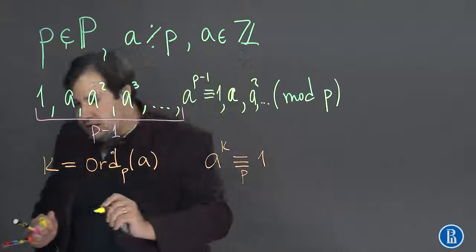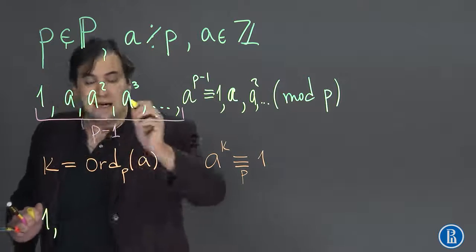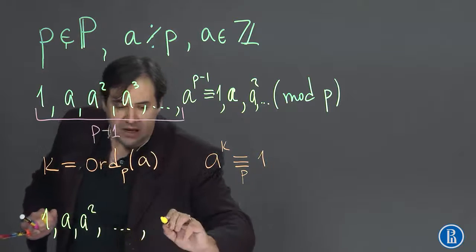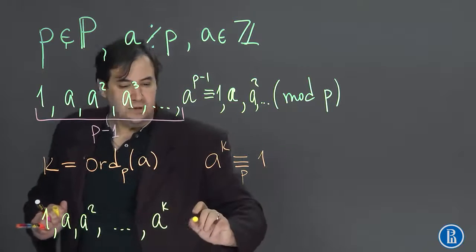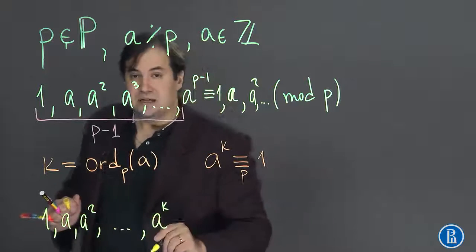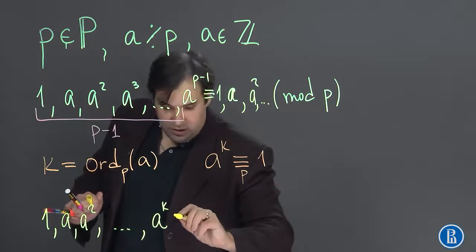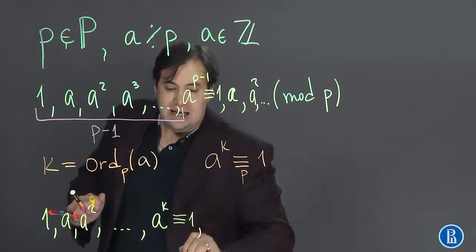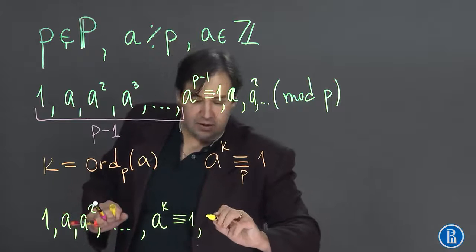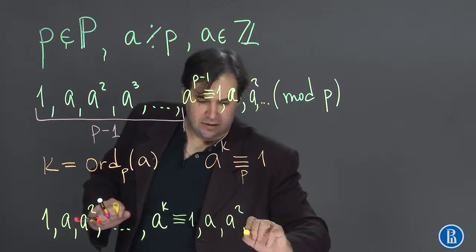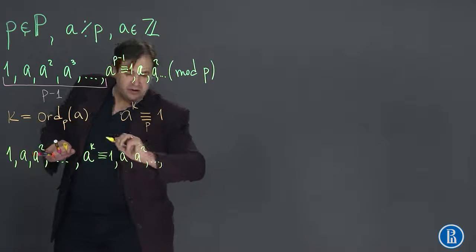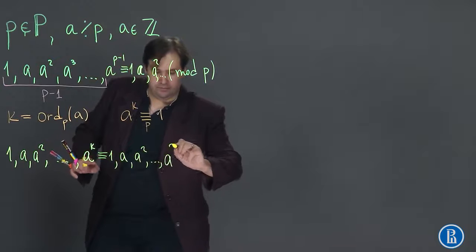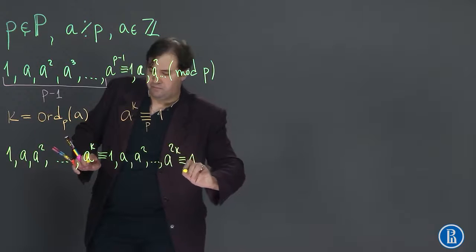If it is so, then our sequence looks like 1, A, A square, and so on, A to the power of K, which is the first element of this sequence that's congruent to 1, except for the beginning of the sequence. And after this, A repeats, A square repeats, and so on. And then when we get to A to the power of 2K, it is also congruent to 1.